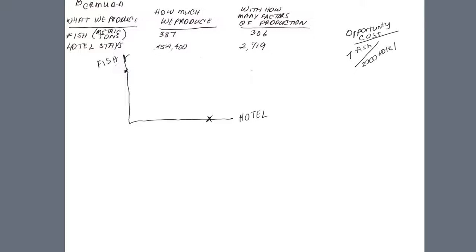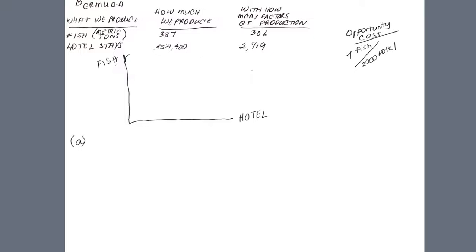Part A says if all 306 registered fishermen were to be employed by hotels, in addition to the people who are already there, how many hotel stays could Bermuda produce? We're going to ask two questions. One, what do we lose?